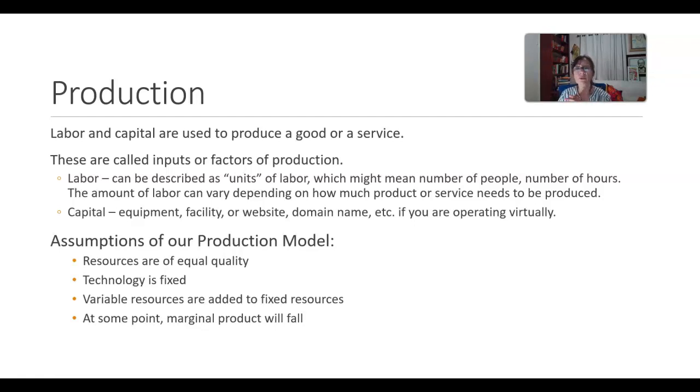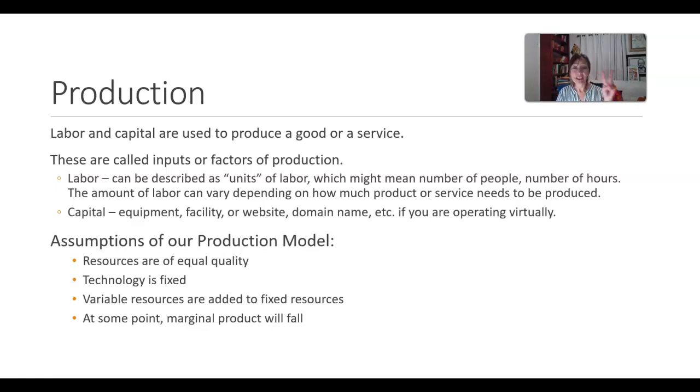Okay, so now we're going to look at production and some of the assumptions of our production model. Okay, so production, how are we going to produce? Well, for purposes of our class, we're going to make some assumptions, and we're going to assume that all the labor going into the production process is of equal quality and they're all going to work equally hard, right?